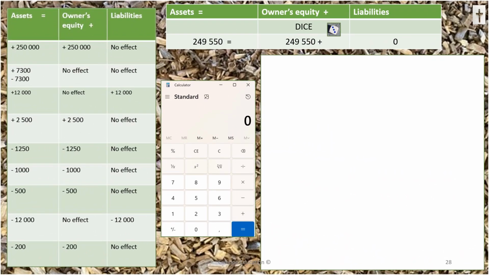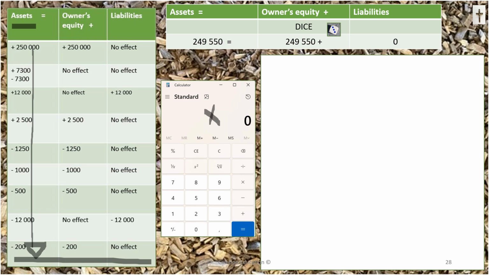These are the numbers from the previous slide, and if I add up all the transactions under assets, and I've put this calculator here just as an example. This has come off my laptop. You can use a basic calculator. You don't need a scientific calculator.